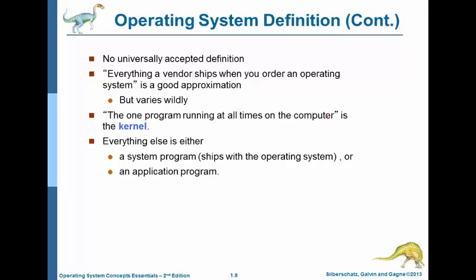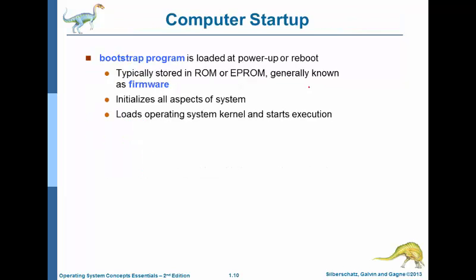Everything else is either a system program or an application program. So on top of the kernel, you have operating system packages. On top of that, application. As the computer starts, a bootstrap program needs to be loaded first. Think about this. Hardware, everything is hardware, right? If the computer is turned off, everything is hardware.